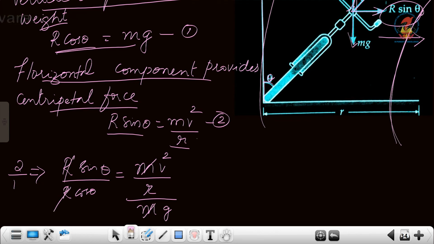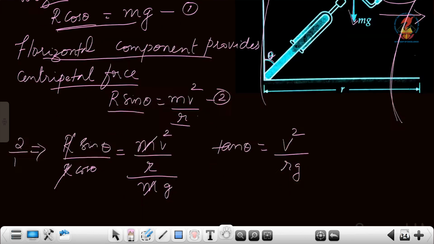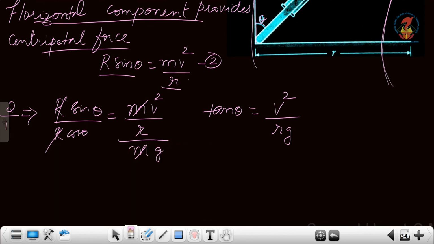Now sin by cos is tan theta is equal to v square divided by rg, or the velocity with which the vehicle has to travel is root of rg tan theta.